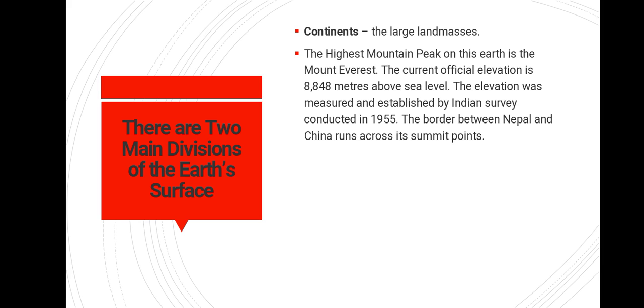You should remember that the border between Nepal and China runs across its summit point. So, if someone will ask you where Mount Everest situated, then you will say it is on the border between Nepal and China.